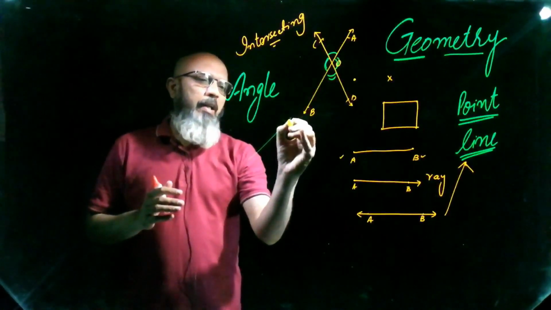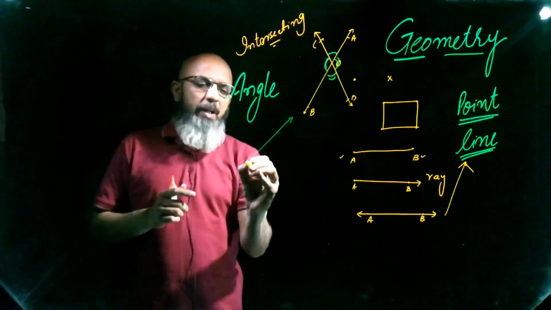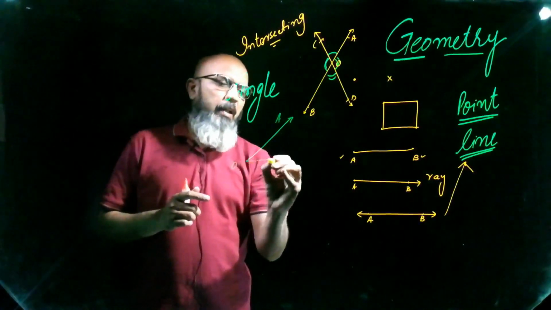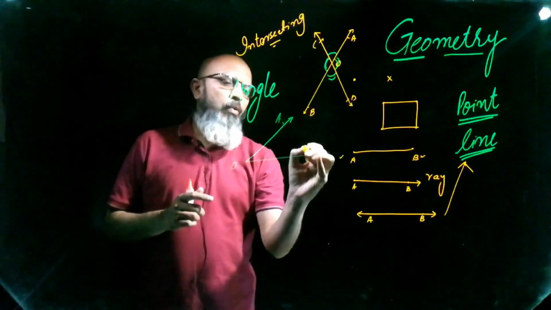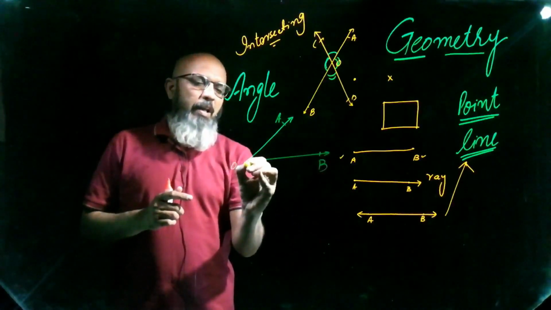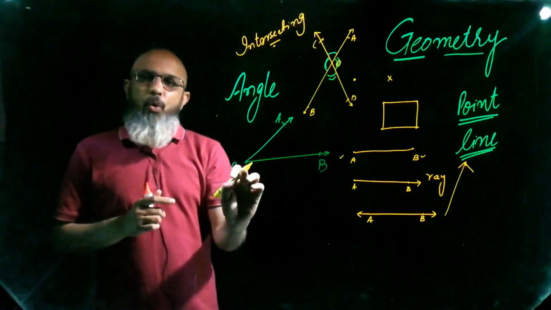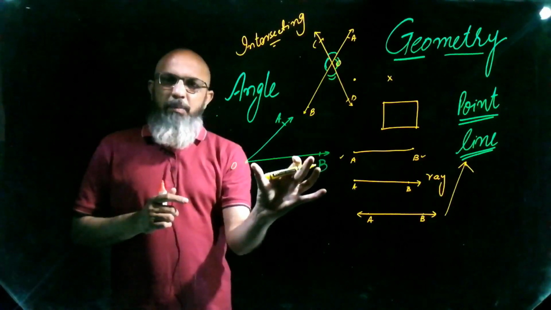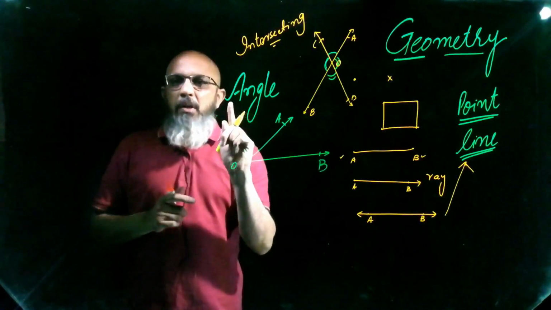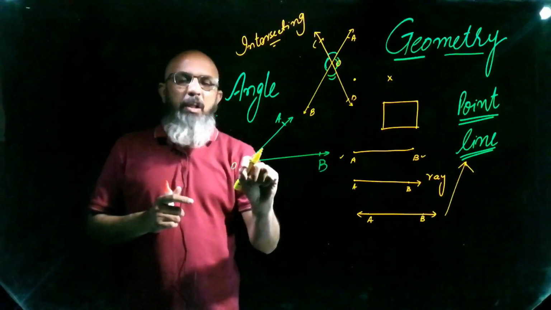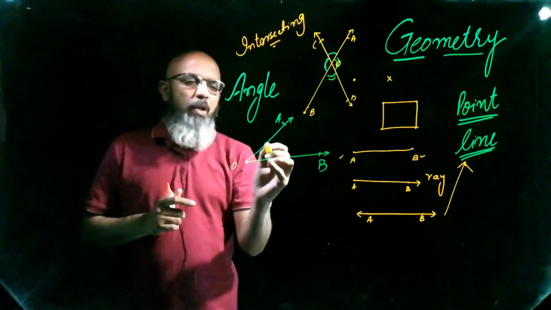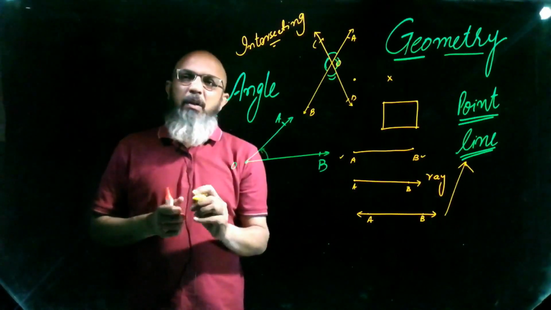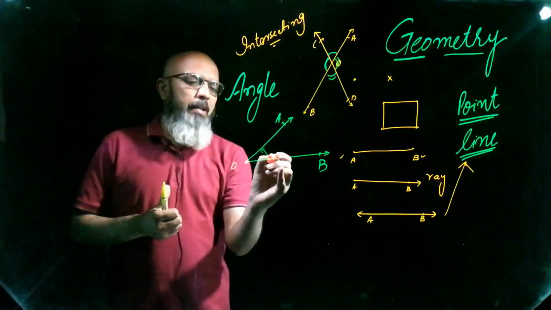Suppose a ray has one fixed point, that is OA, and another ray we have OB and one fixed point, that is O. So the combination of two rays OA and OB with one common end point, meaning they are joining at one point, that is O, makes a certain angle with each other. So that is called angle.